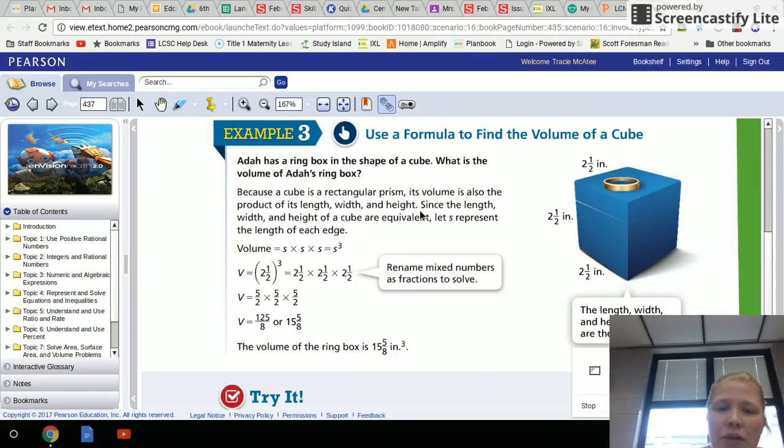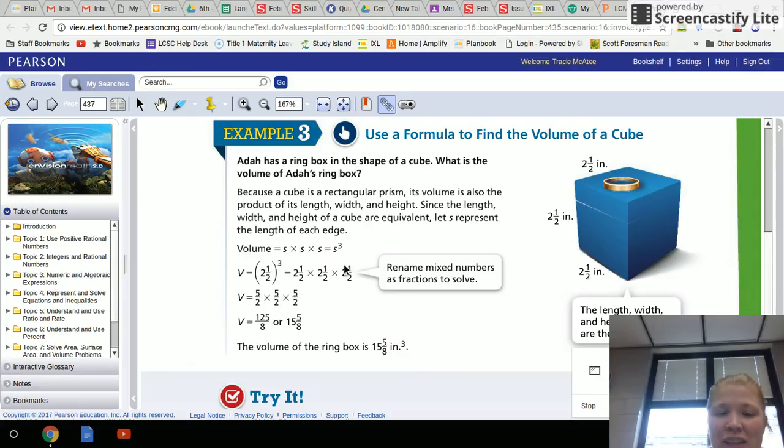Look at example 3. What is the volume of Alday's ring box? So this is the box that he's talking about. Obviously, it is a cube because all the sides are the same. Okay. When you're dealing with a cube, if you find the base and you multiply times itself, and then you multiply times itself again, if you know that it's a cube, you just have to take the side times itself.